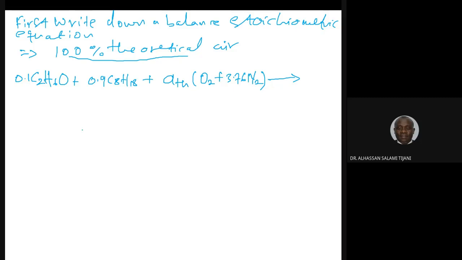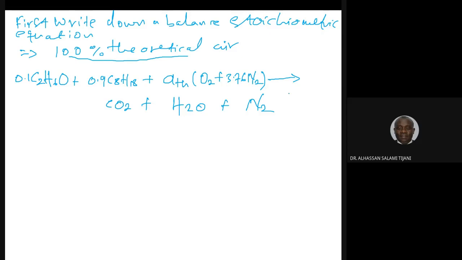So at the product you have carbon dioxide plus water plus nitrogen. If you bring carbon monoxide or oxygen into this equation, then the whole definition of the stoichiometric equation is going to collapse.